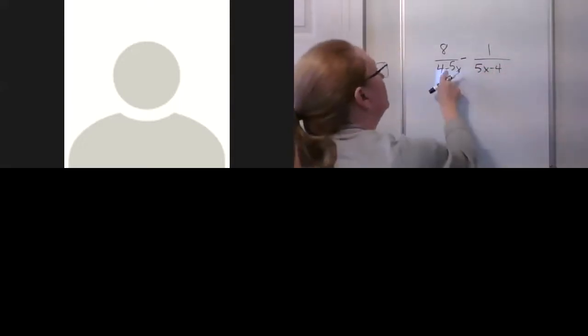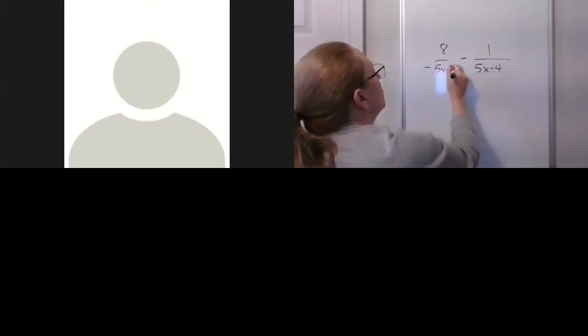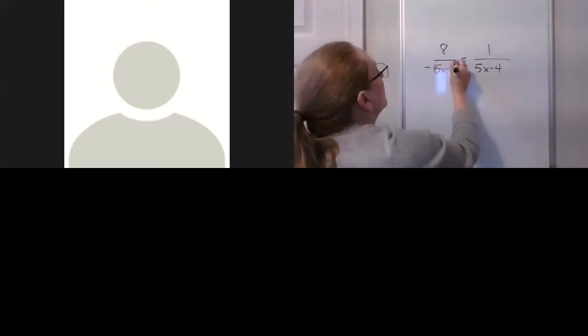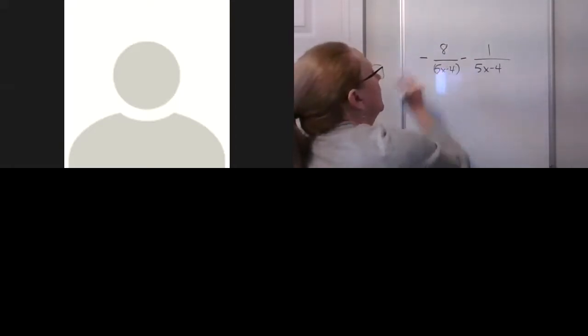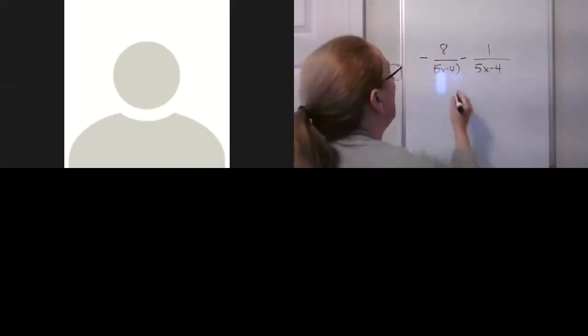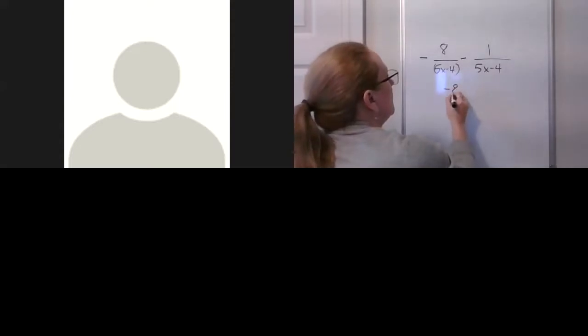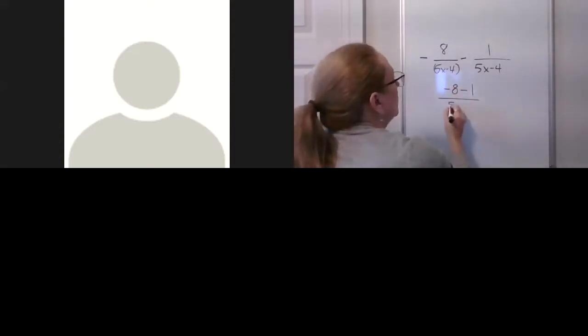You might say, well, what if I flipped this? Okay, negative 5x minus 4. So this negative would not be down here, it would be out front or with an 8. So we would have negative 8 minus 1 over 5x minus 4.